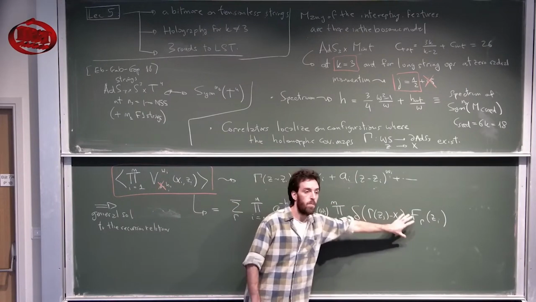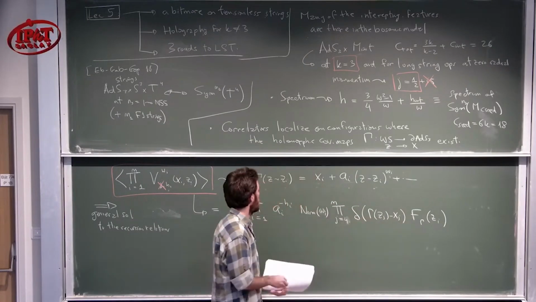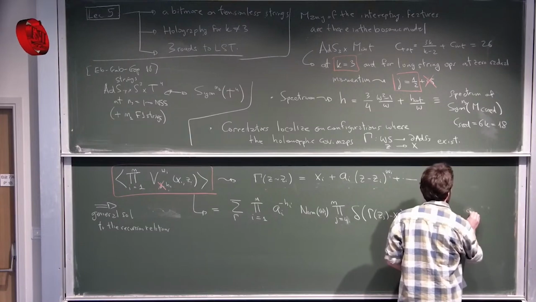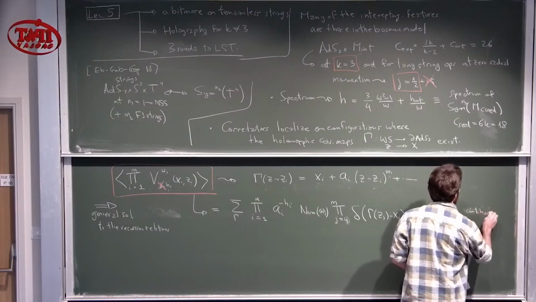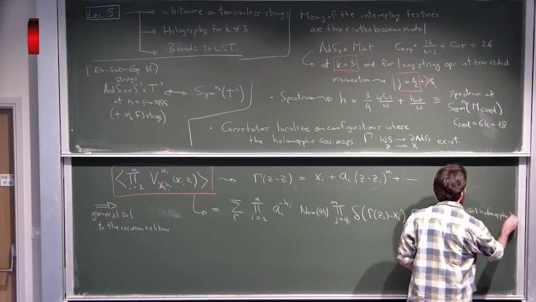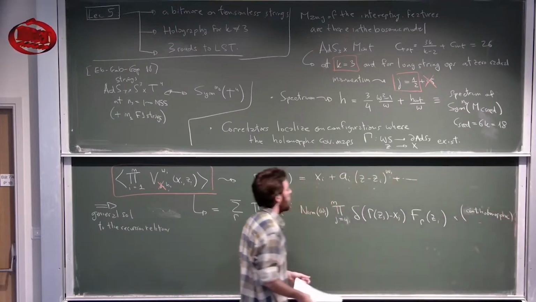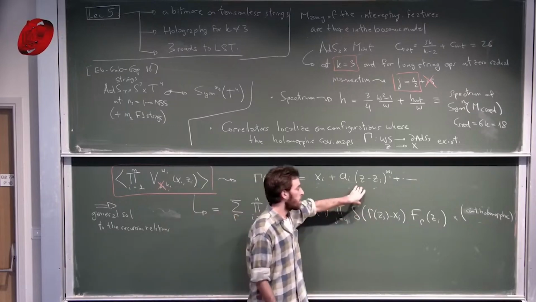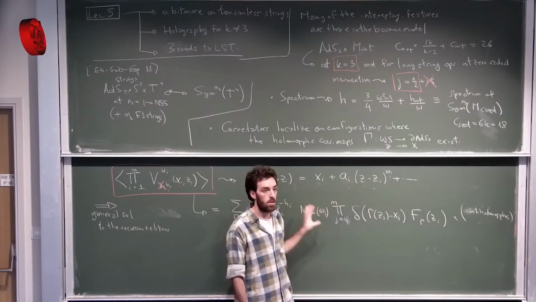This is the localization part of the formula. So if this function doesn't exist, then the correlator is 0.